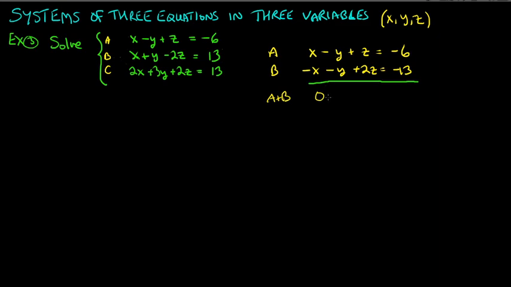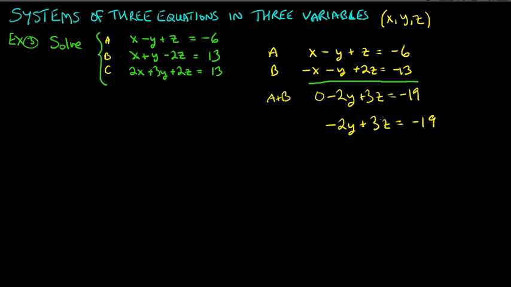Negative y plus negative y is negative 2y. And z plus 2z is 3z. And on the right side, negative 6 plus negative 13 is negative 19. So we've eliminated the x, and now we have this equation, negative 2y plus 3z equals negative 19. So we eliminated x, but we still have y and z.